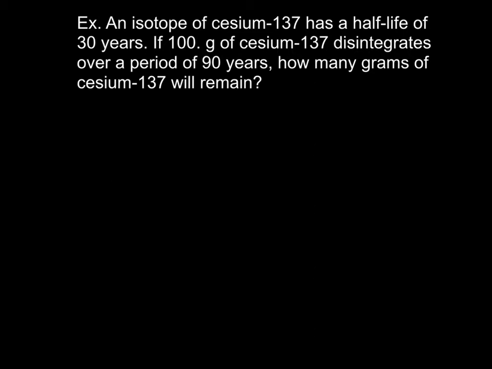So the one thing we need to take a look at is where we can do some converting. If a half-life is equal to 30 years, we have an equality. One half-life equals 30 years. So we can literally use dimensional analysis to convert 90 years into half-lives.